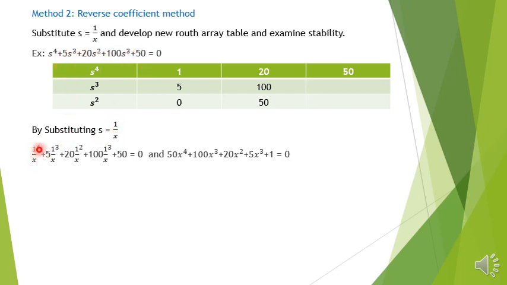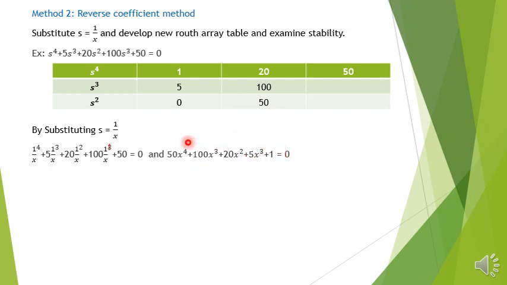So 1 by X to the power 4, 5 by X cube, 20 by X square, 100 by X plus 50 equal to 0. If I rearrange this, taking X to the power 4 common, 50X to the power 4 plus 100X cube plus 20X square plus 5X plus 1 equal to 0.